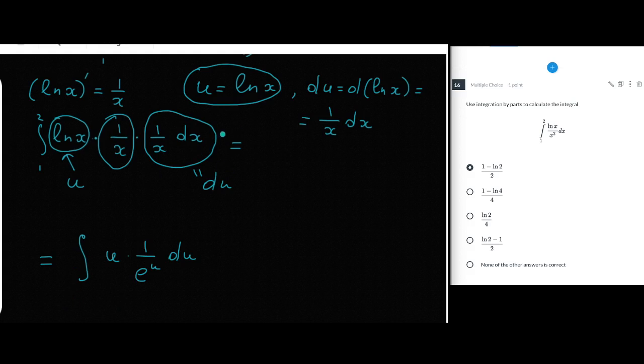If x is equal to 1, then u is going to be natural log of 1, that is 0. So our new limit of integration will be 0. And when x is 2, u will be natural log of 2. Okay. And so note that I can rewrite 1 over e to the power u as e to the power negative u.